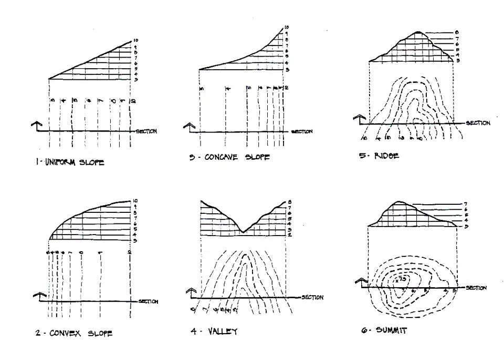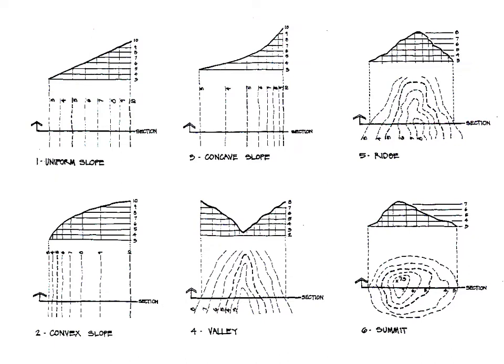So here's a topo plan example, six example topo plans, with the section cut through them showing what the land is doing. And sometimes if you're not as familiar with contour plans, you can just get confused as to what's going on. So the simplest thing to do is just cut a section right through there.